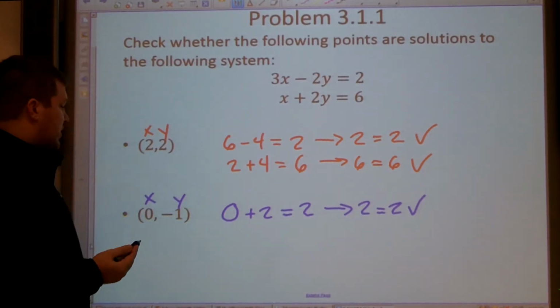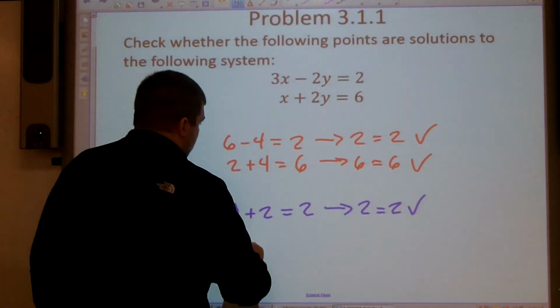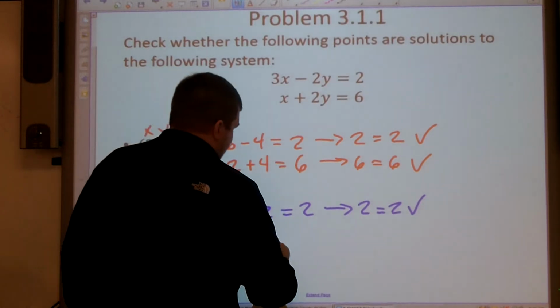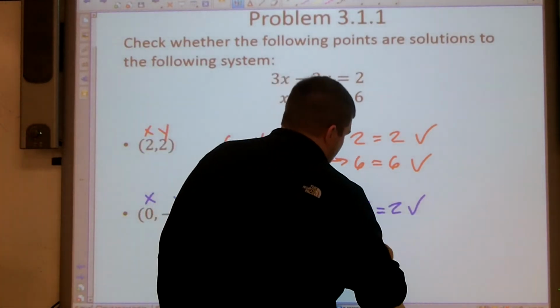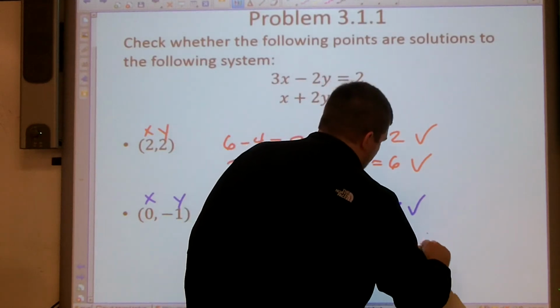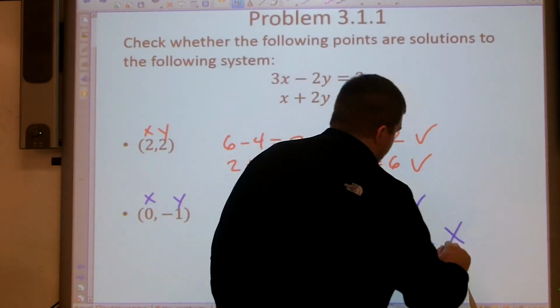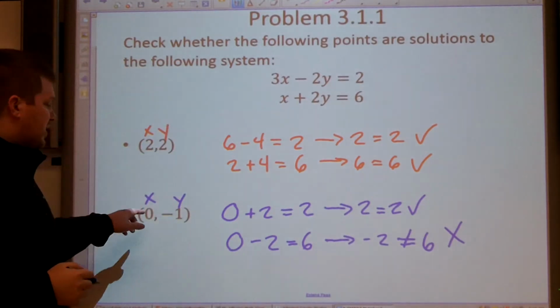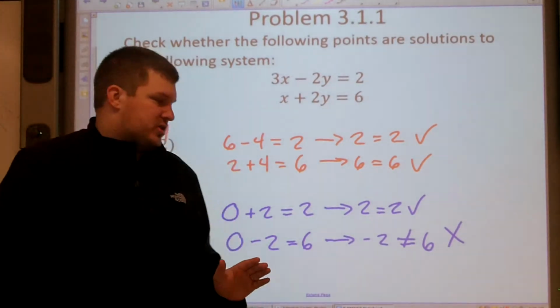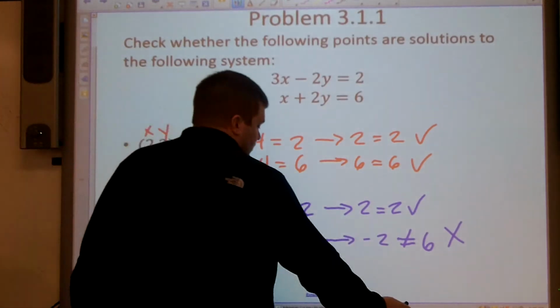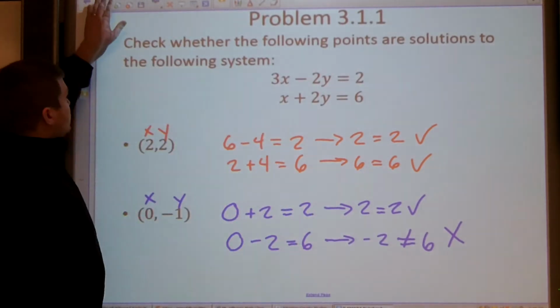Okay, but now we need to check the bottom equation. So I have 0 minus negative 1, which is 1... well, I have 0 minus negative 2, and that's supposed to be equal to 6. Well, clearly, negative 2 is not equal to positive 6. So the bottom equation is not satisfied. So that means that the point 0, negative 1 is not part of the solutions for this system. Okay?